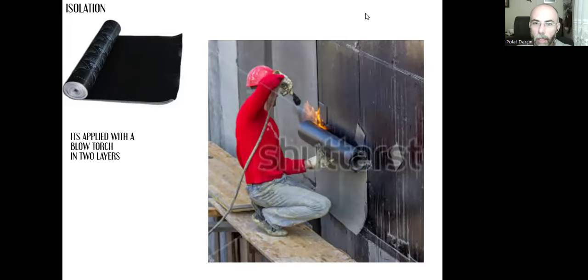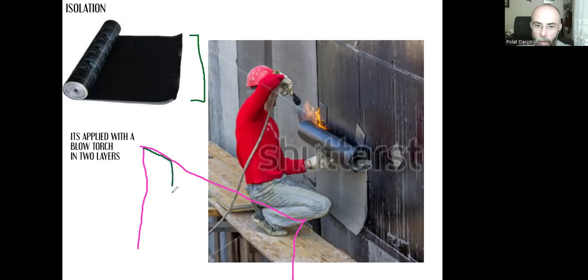That means that we have this surface of shear wall or raft foundation. Now I use these, which have 1 meter sides. So I start applying the first one here. It's glued with the blowtorch.